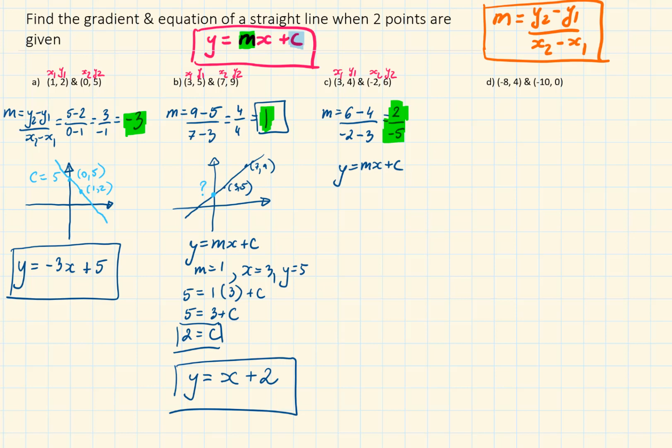So I'm going to choose the point 3, 4, and then we have m is equal to 2 over minus 5, x is equal to 3, y is equal to 4.